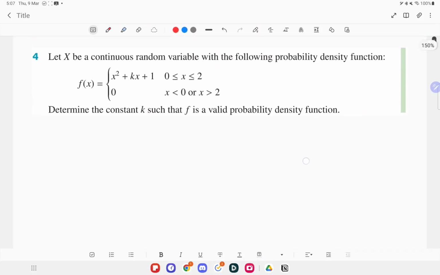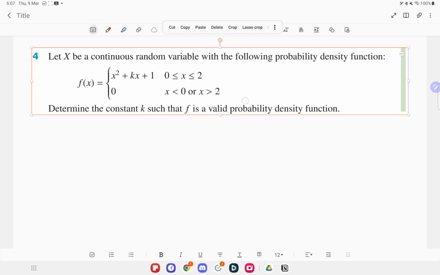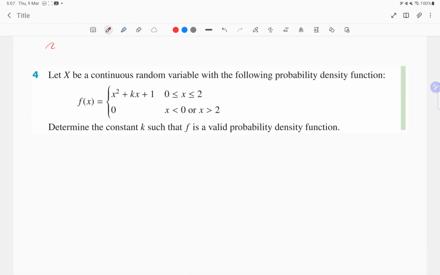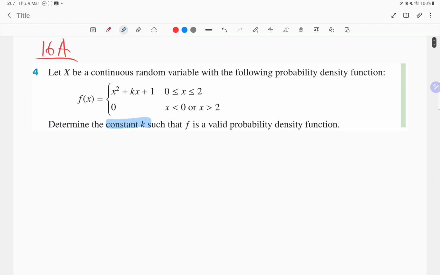Alright, try this one. So what's the idea behind this question 4? And this is chapter 16a. What's the idea behind this question, Sahab? How do we find constant k? It's an antiderivative with bounds of 0 and 2.